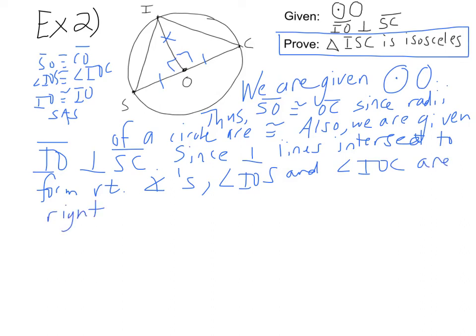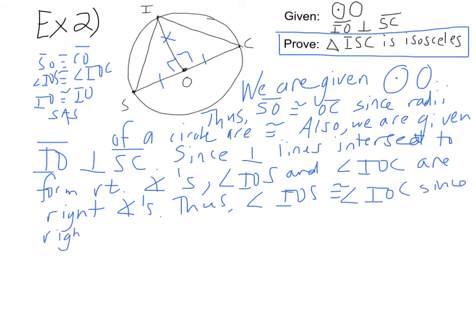So if they're perpendicular, they're right angles. Thus, those two angles are the same, or they're congruent. They're both 90 degrees. IOS is congruent to IOC since right angles are congruent.